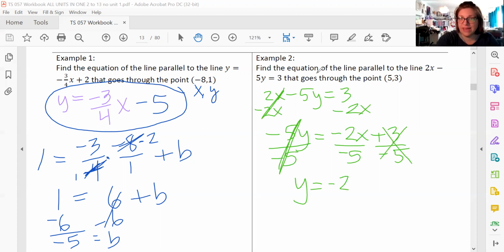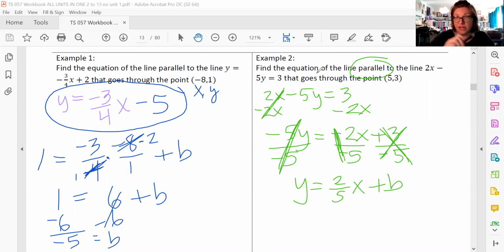Again, I can ignore the constant over here because I'm going to be looking for a new y-intercept. These negatives can also cancel. So I've figured out that my slope is 2/5.